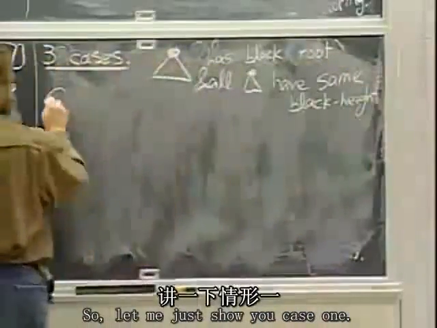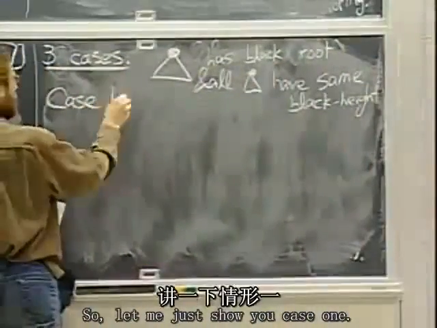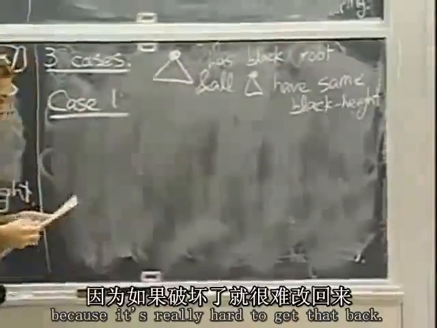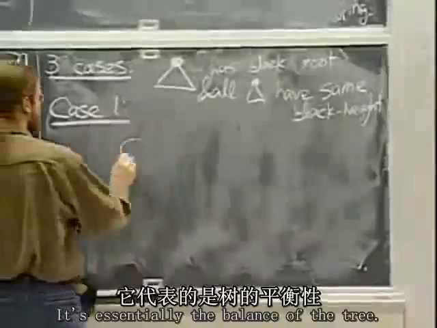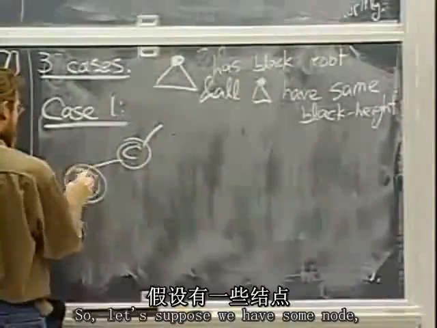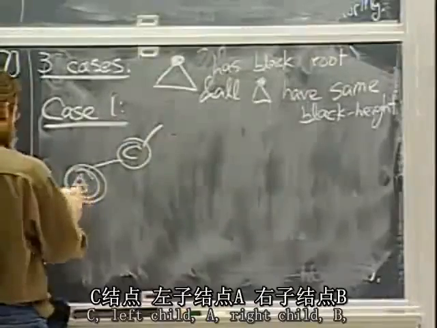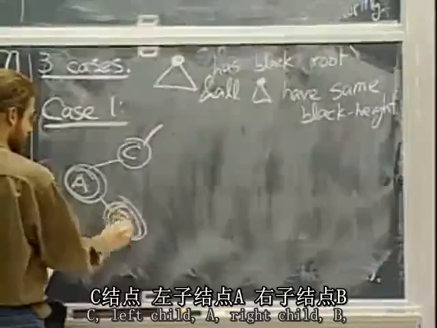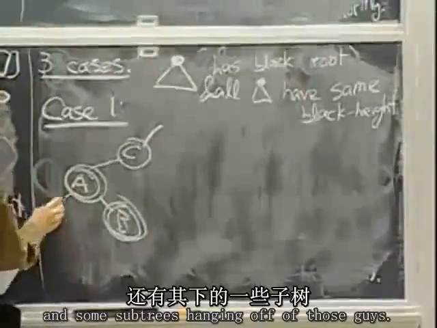So let me just show you case 1. We always want to make sure property 4 is preserved because it's really hard to get that back. It's essentially the balance of the tree. So let's suppose we have some node C, left child A, right child B, and some subtrees hanging off those guys.